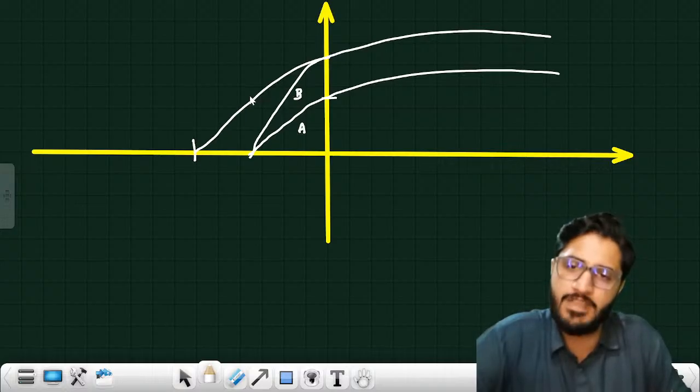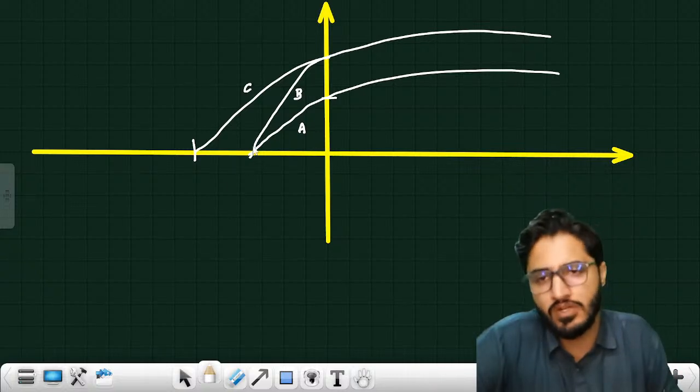A, B, C. So look now, the potential of A, B, C is minus V naught 1.